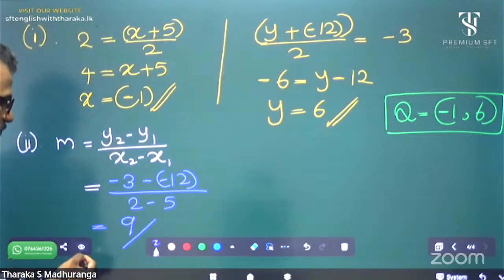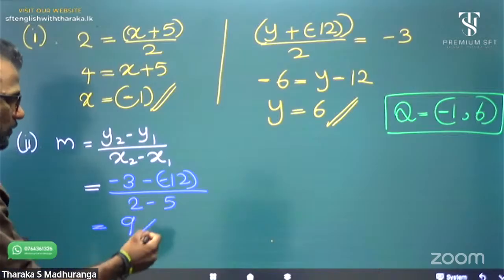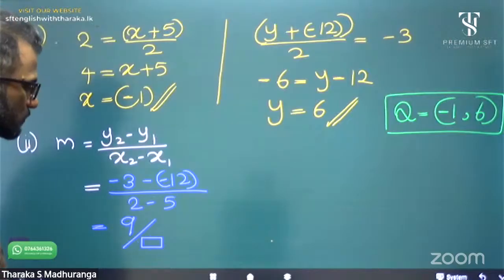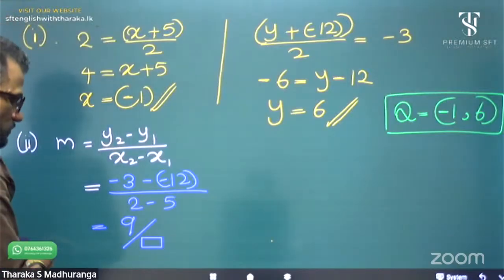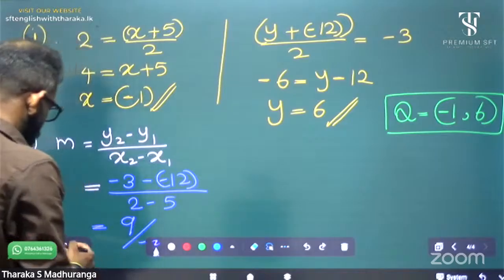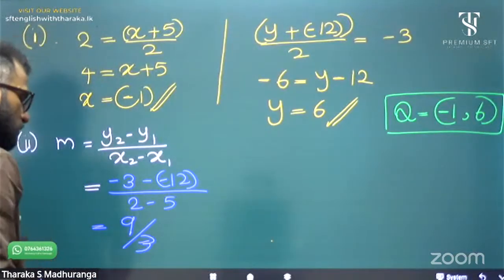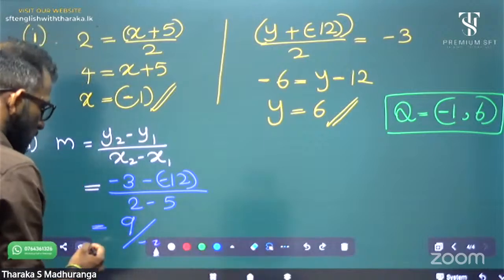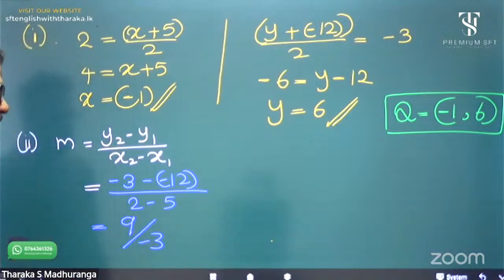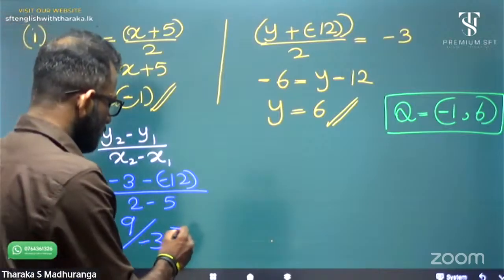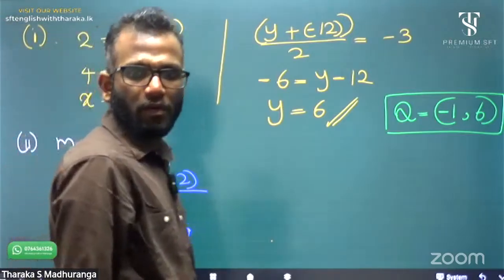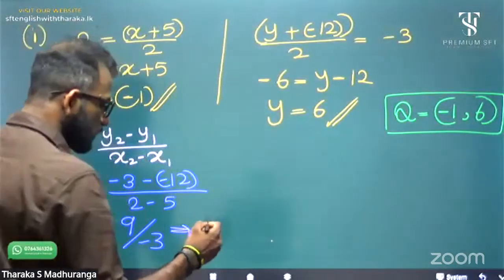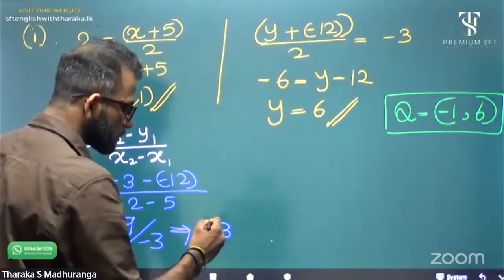Divided by minus 3. What is the gradient? The gradient equals 9 over minus 3, which is minus 3. Minus 3 is the answer.